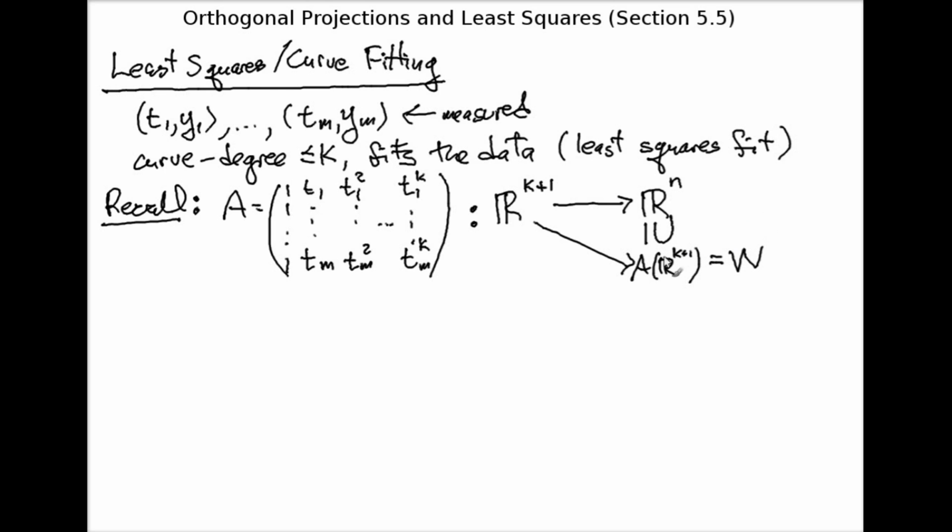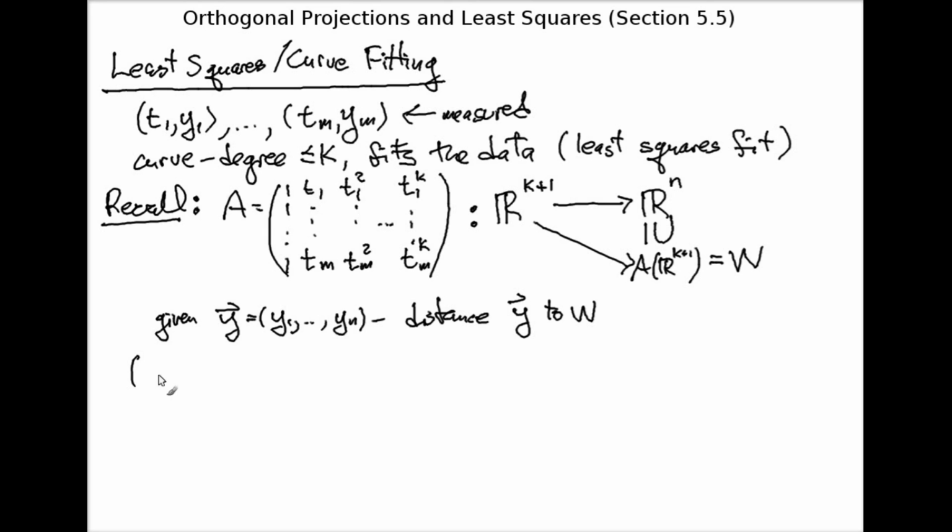And the picture is we're given the vector y, which we write as y1 through yn, and we want to find the distance from y to W. So that's a reminder we did this already, and if you want to refresh your memory, go back and look at section 4.4.